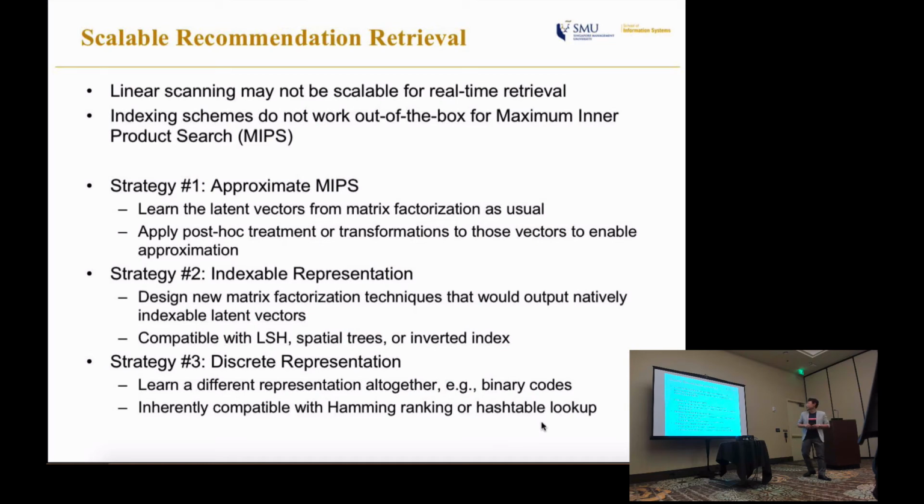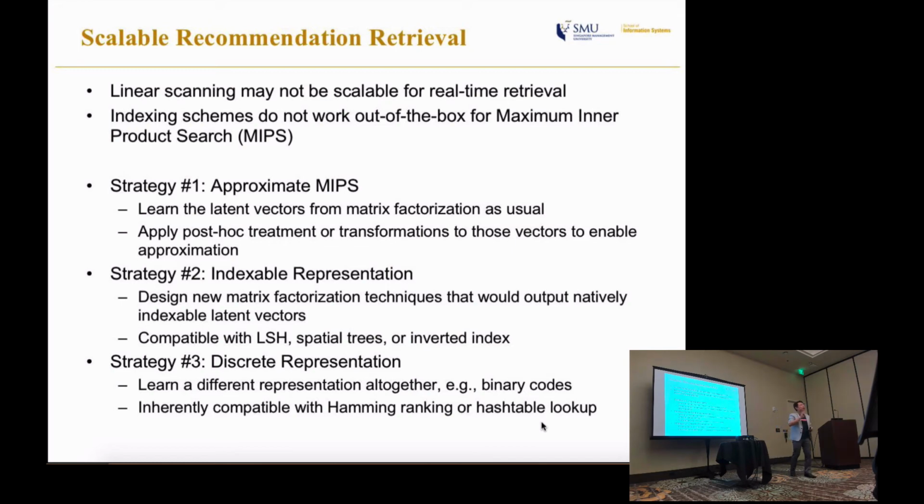Now, it turns out that a lot of the matrix factorization work that has been done in the past is certainly useful, and I think that's why it is so popular. But because it's not immediately compatible with existing indexing schemes out of the box, that creates a certain gap that needs to be closed. And from the literature, we observed that there are essentially three main strategies to close that gap.